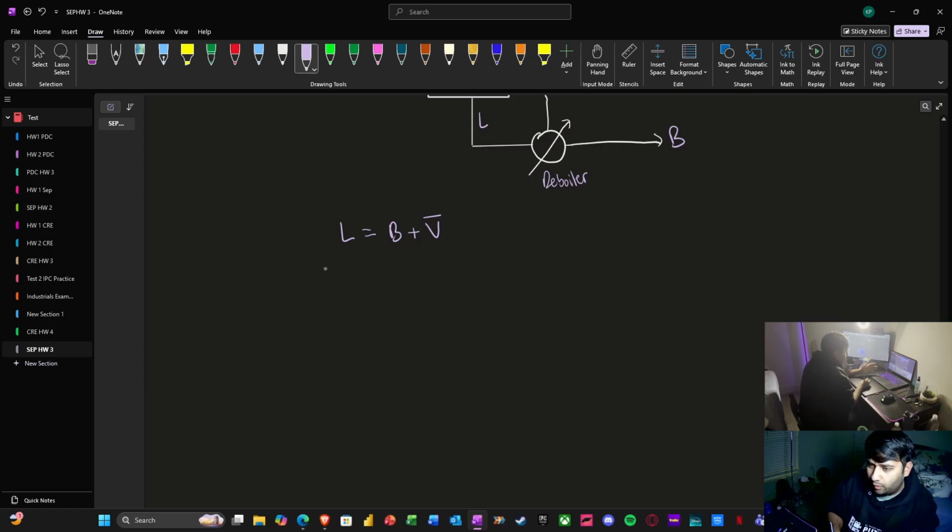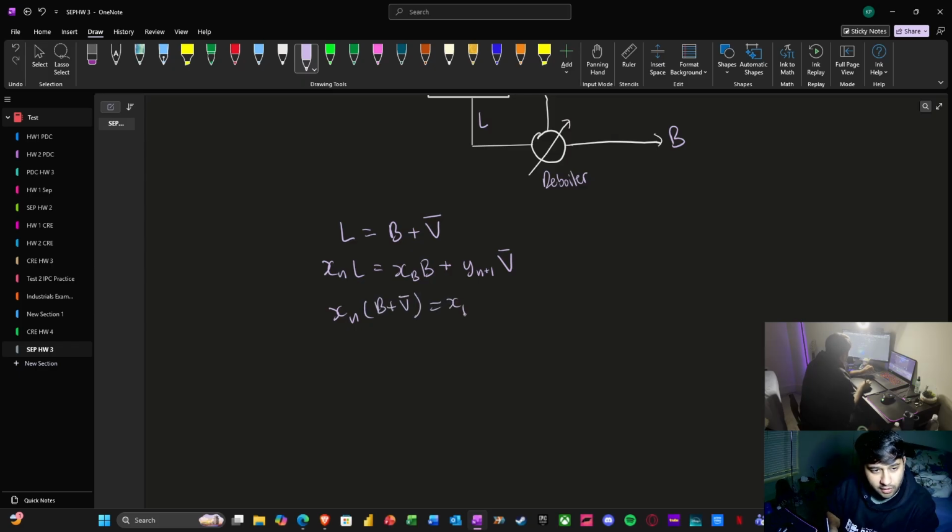And then like before, we're going to do basically the same thing. We're going to have xn times L, which equals xb times B plus our yn plus 1 times v bar. And then we're going to go ahead and substitute that in.